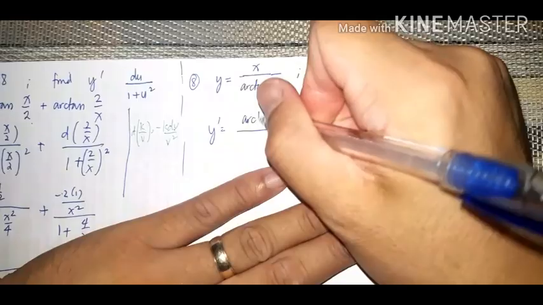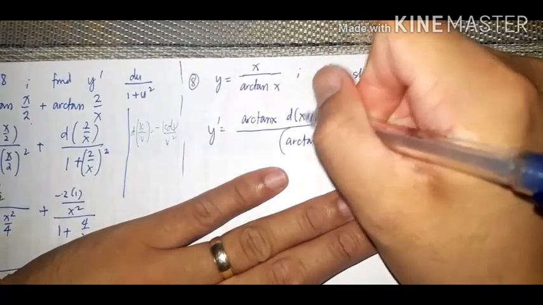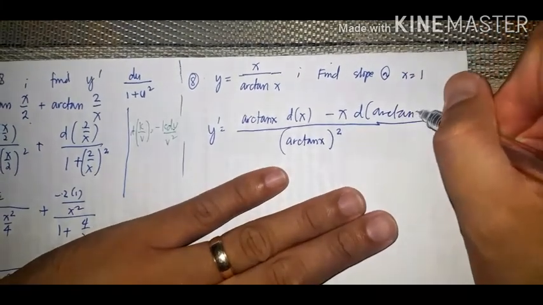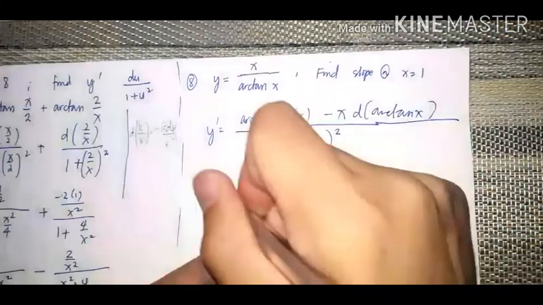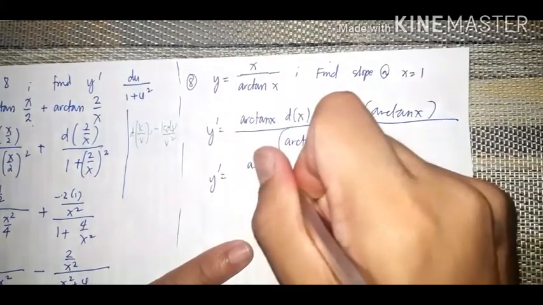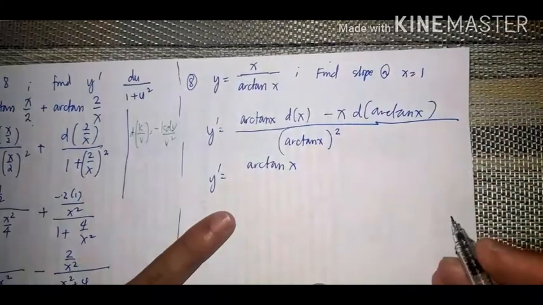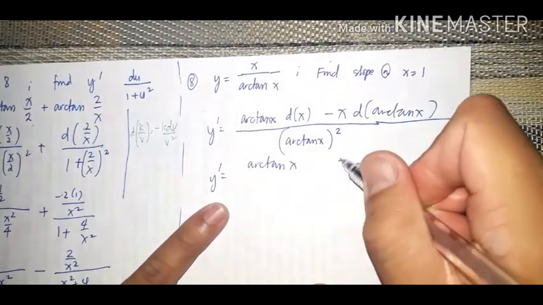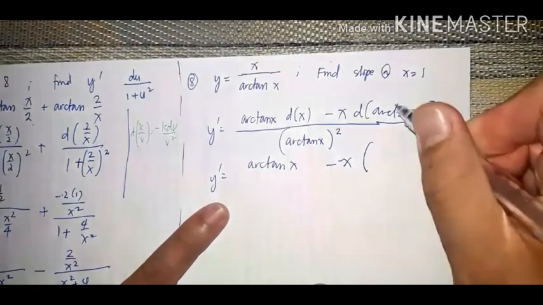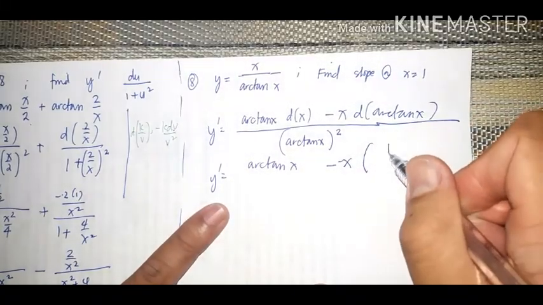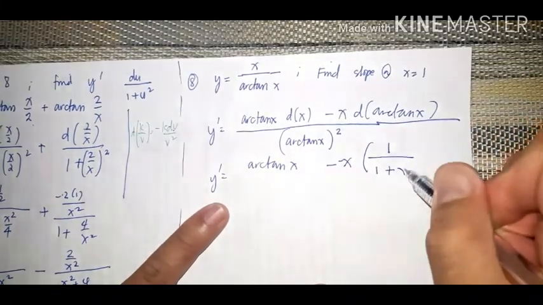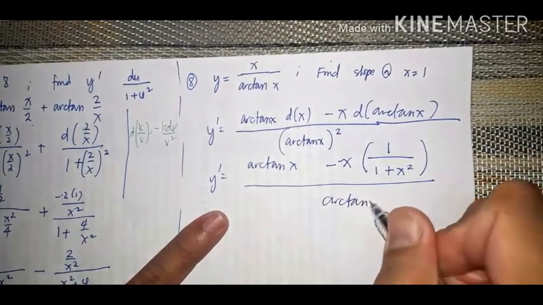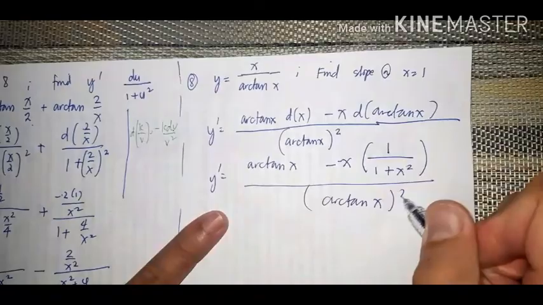So, this is v arctangent of x times derivative of x minus u times the derivative of arctangent of x. So, y prime here is equal to arctangent of x times the derivative of x is 1. So, times 1 minus x times the derivative of arctangent of x is derivative ni x is 1 over 1 plus x squared all over arctangent of x raised to the second power.